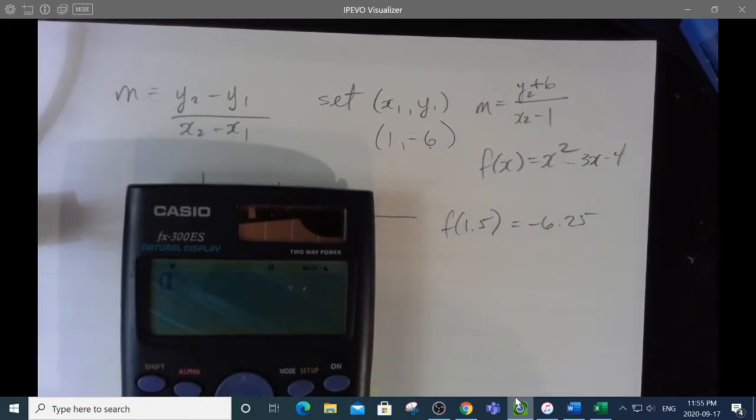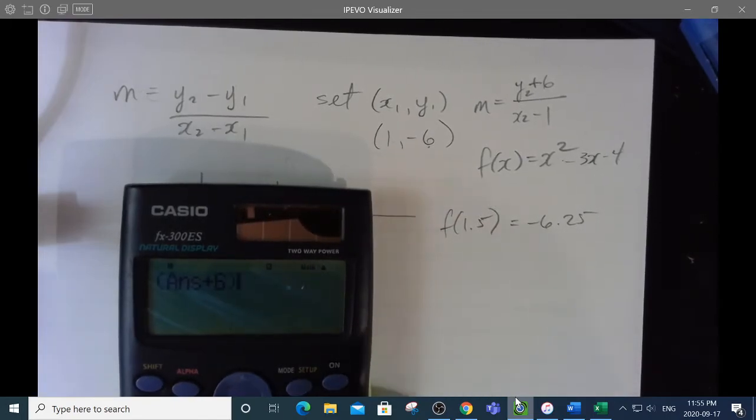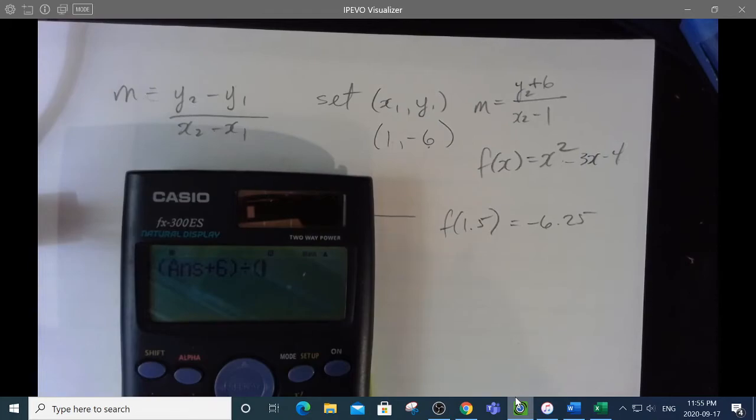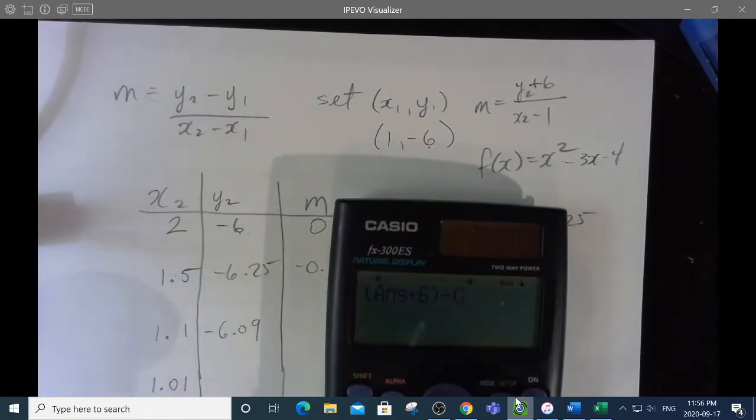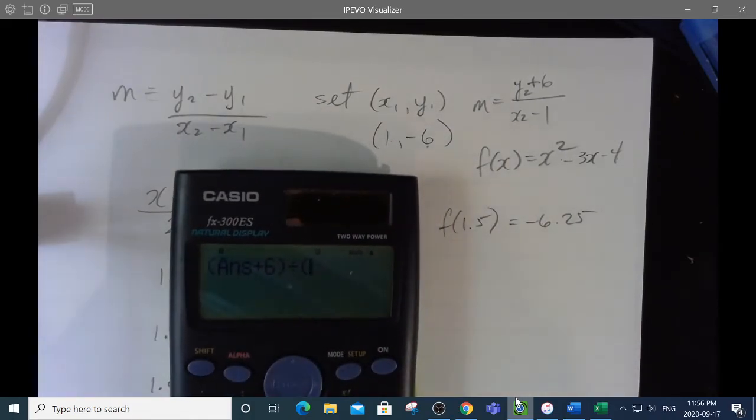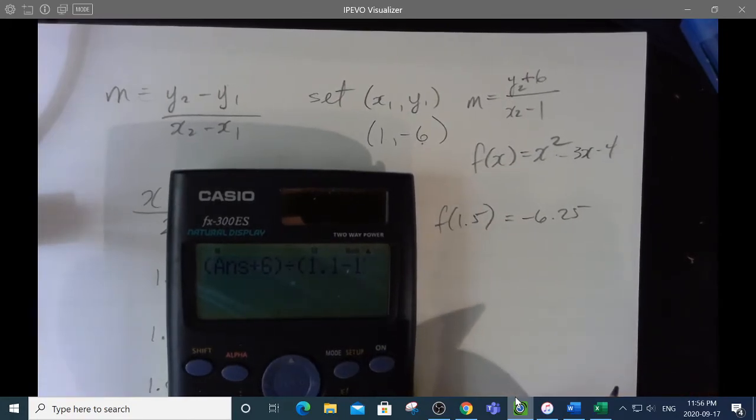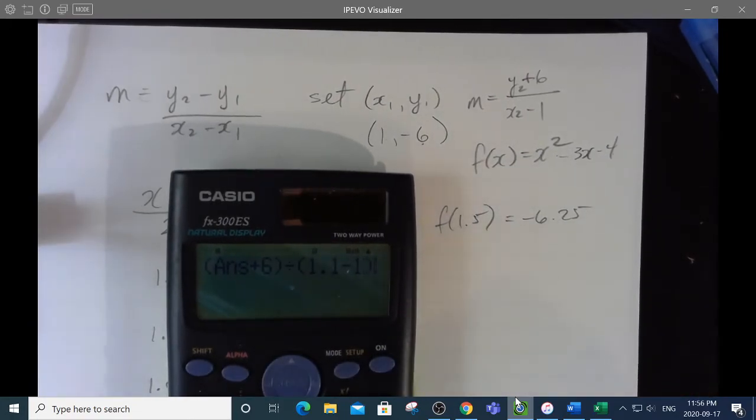This calculator has an answer button, so I'm going to go answer plus 6, close my bracket, divide by, open my bracket, and that would be, what was it again? 1.1 minus 1. Notice how small the denominator is going to be, right? It's going to be 0.1. And there we go. That's giving me a slope of negative 0.9.